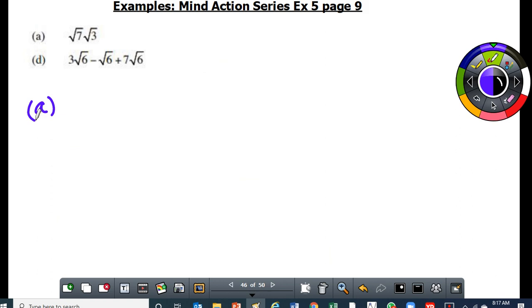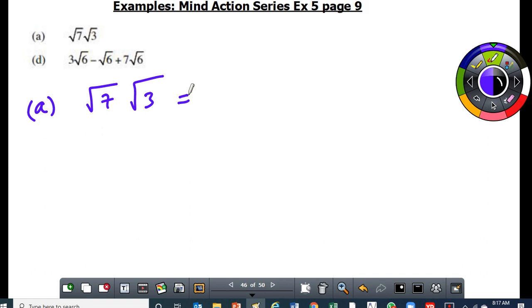Right, so here we have got the square root of 7 times the square root of 3. We just have to use the multiplication law. The n is the same. It's not written. I'm sure you are aware that when you've got the square root, we don't put the 2 outside the square root sign or the radical sign.